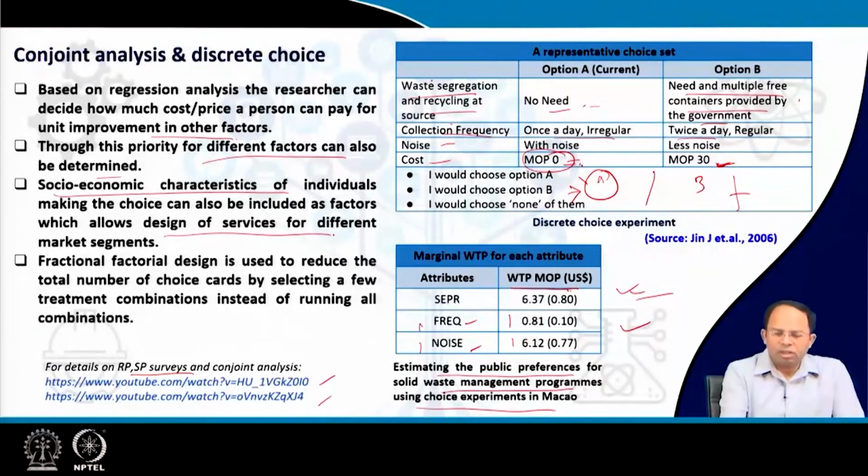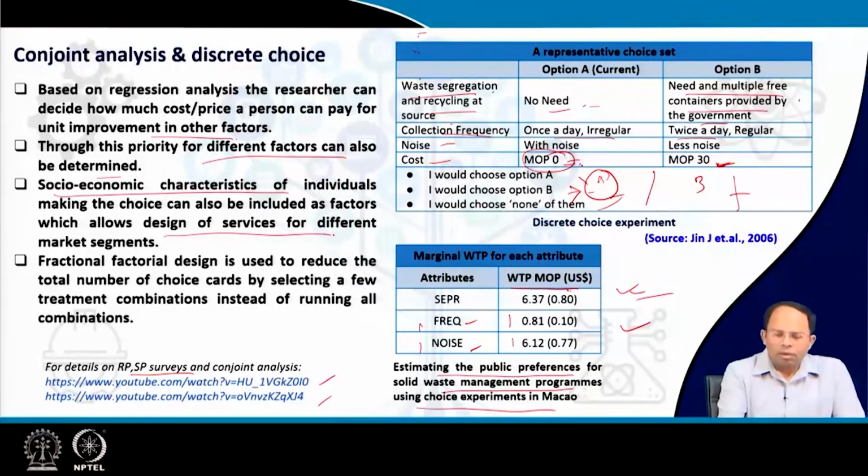If I take the socioeconomic characteristics of the person who is participating in this choice experiment, we can determine which socioeconomic factors influence their probability of choosing a particular option. Accordingly, I can design the services for different market segments or different socioeconomic groups.